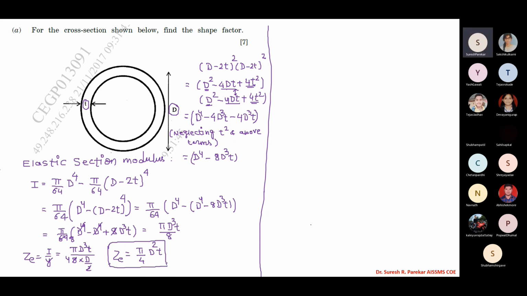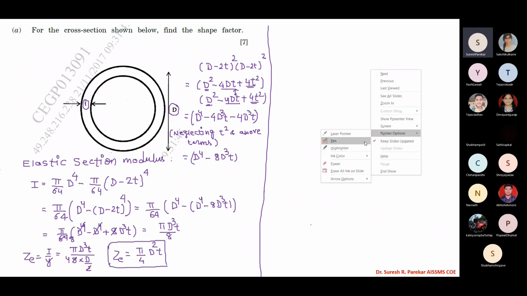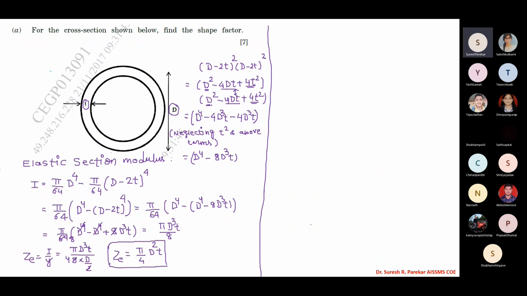If anyone has any doubt, can ask. So this is ZE. Now we will switch over to ZP. Now equal area axis will be again along the same line, and then we will solve it.